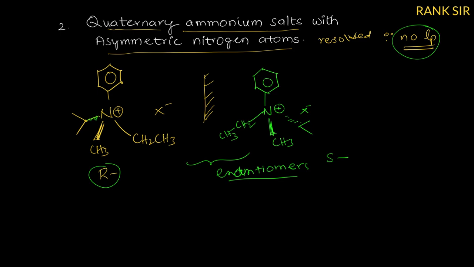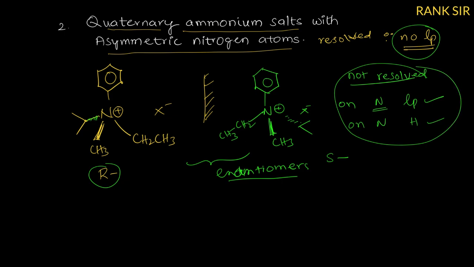But one more condition you have to remember: when we can resolve or cannot resolve. Not resolved condition: on the nitrogen atom, if a lone pair is present we cannot resolve, and if a smaller atom like hydrogen is present on nitrogen we cannot resolve. So in this case we cannot resolve; in the remaining cases we can resolve.